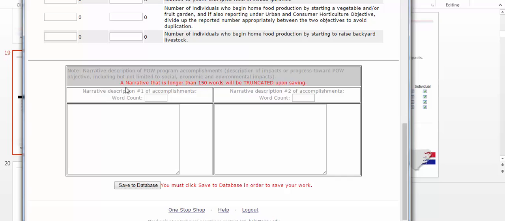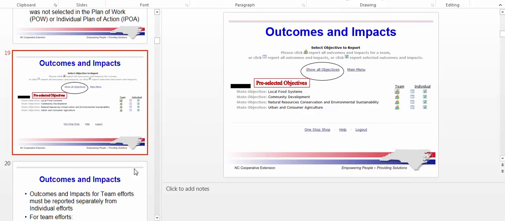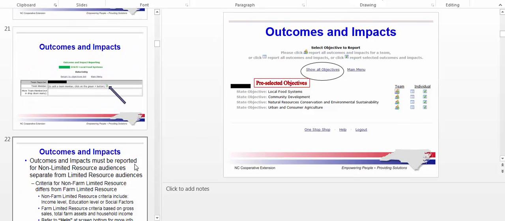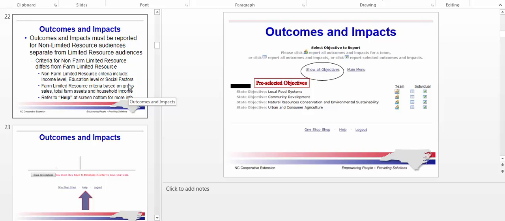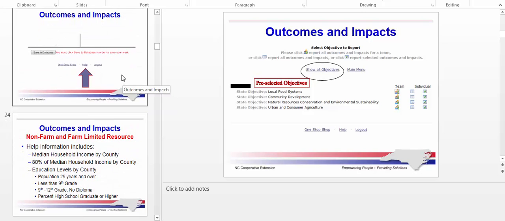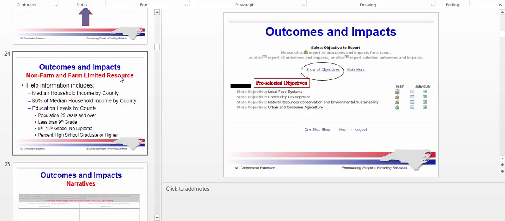Okay. The next section, some more on the outcomes and impacts.